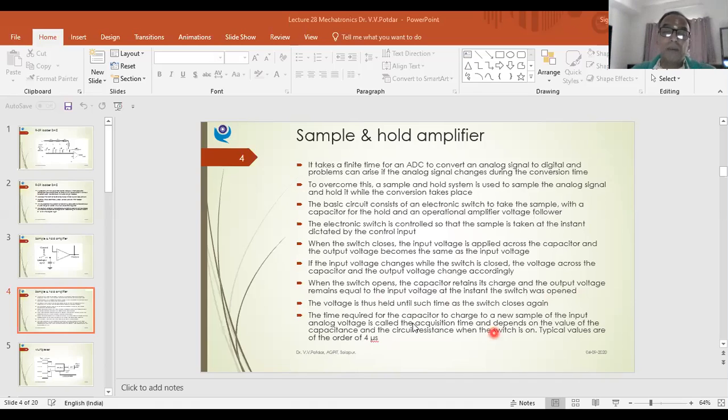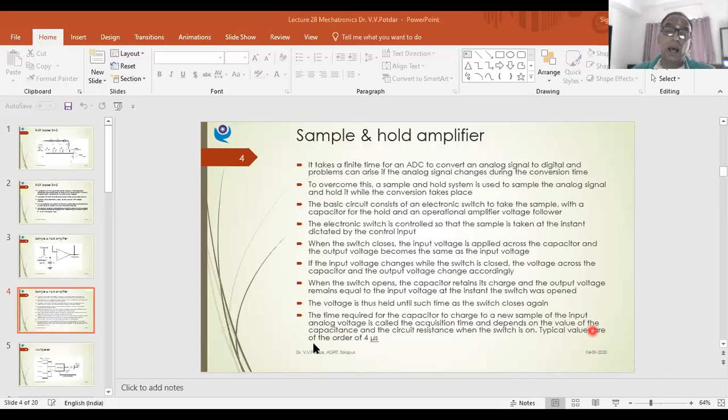The time required for the capacitor to charge to a new sample of the input analog voltage is called the acquisition time, and it depends on the value of the capacitance and the circuit resistance when the switch is on.